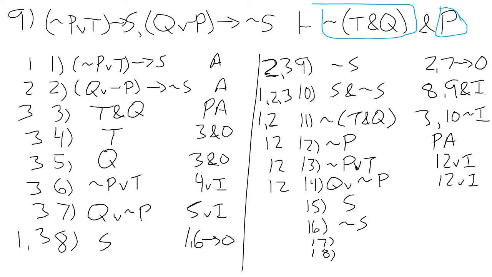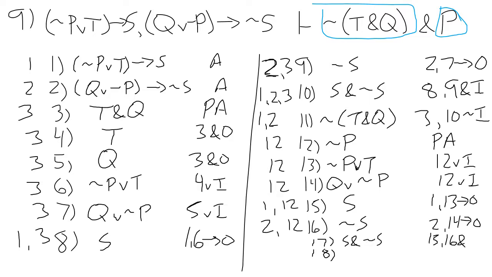So this one's going to be, let's see, tilde up here. It's going to be 1 and 13, arrow out, 1 and 12, and then 2 and 14, arrow out, 2, 12, yeah, put them both together. 15 and 16, and in. 15 and 16, 1, 2, and 12.